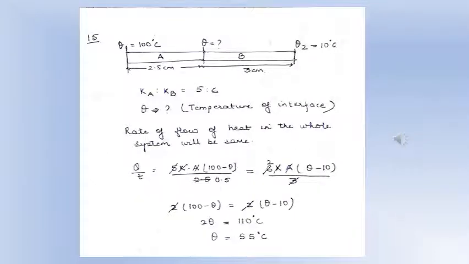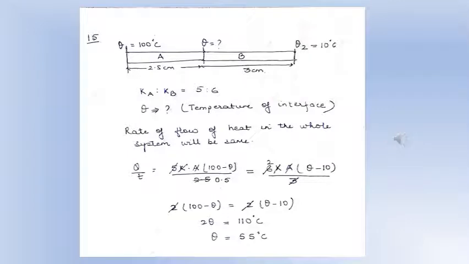Next question that we are considering today is question number 15. Two plane surfaces of two sheets of different metals are kept in contact with each other. As you can see in the diagram, A and B are the two sheets. The thickness of A is being taken as 2.5 centimeters and for B as 3 centimeters.